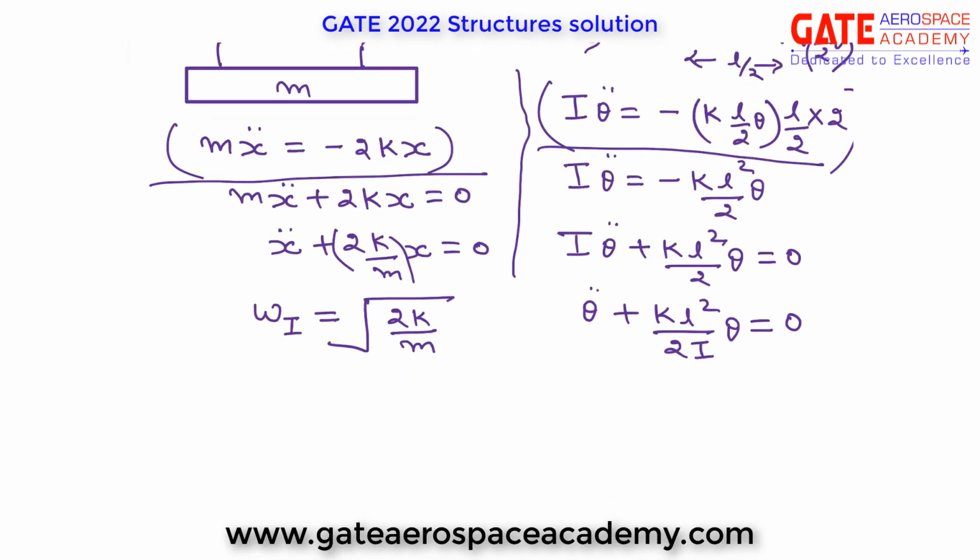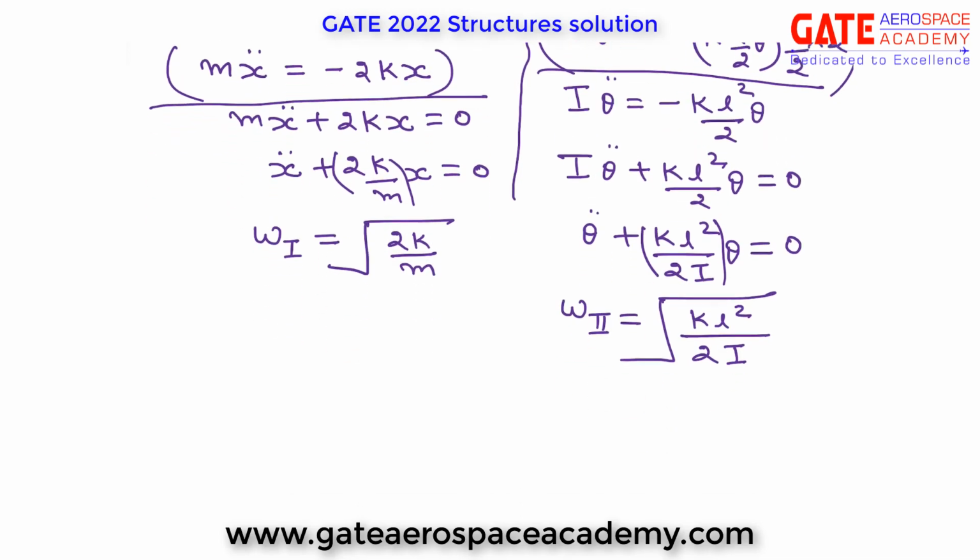So let's find out omega 2. So if we compare this equation with fundamental equation, then natural frequency, let's say omega 2, will be under root of this thing, correct? Under root of k L square upon 2I. Now let's substitute the I value.